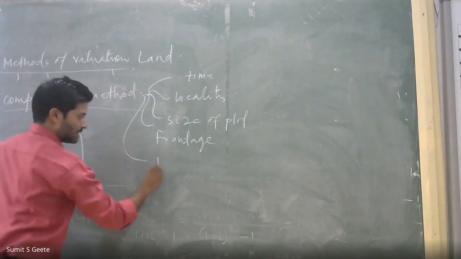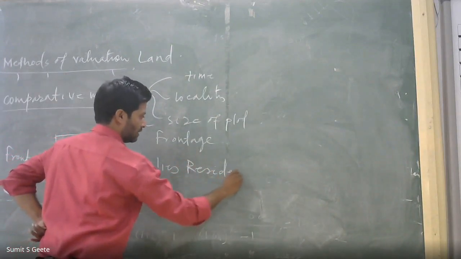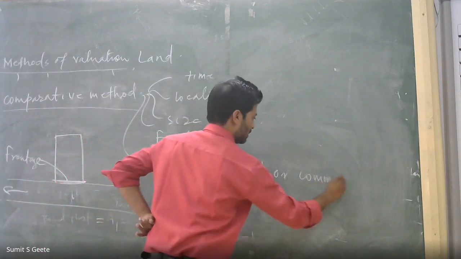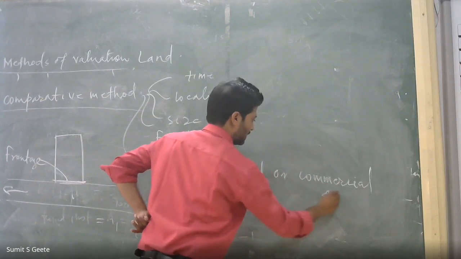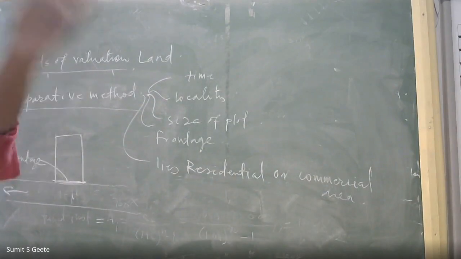Next, whether that plot lies in a residential or commercial area. Locality means basically location point of view, and within a location there may be a chance of both.